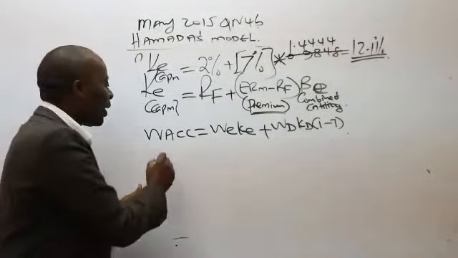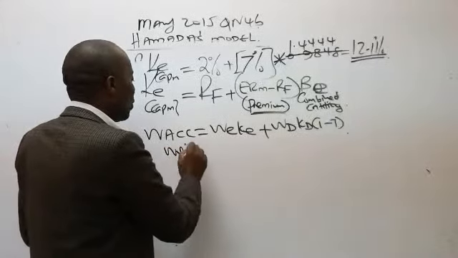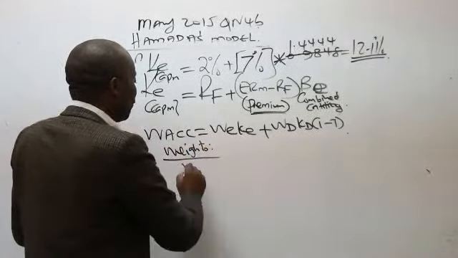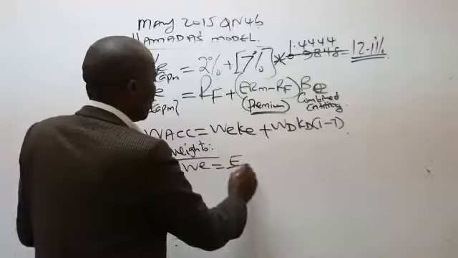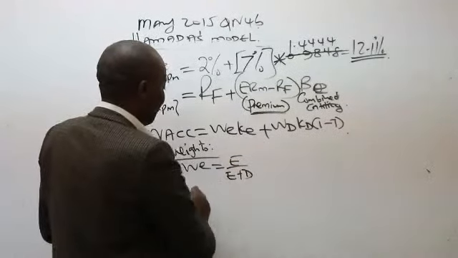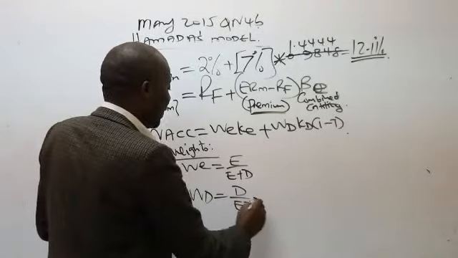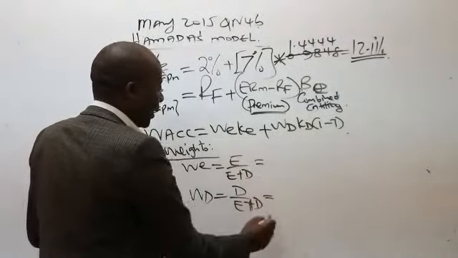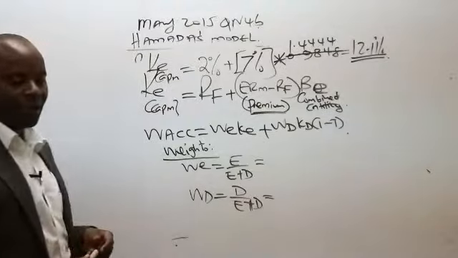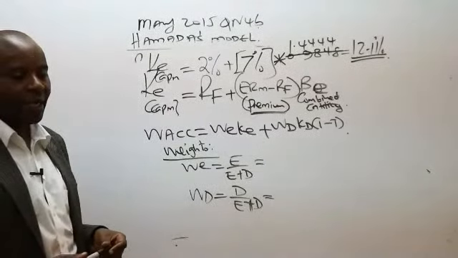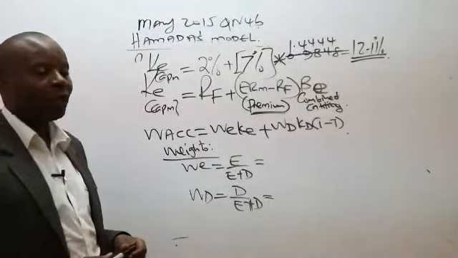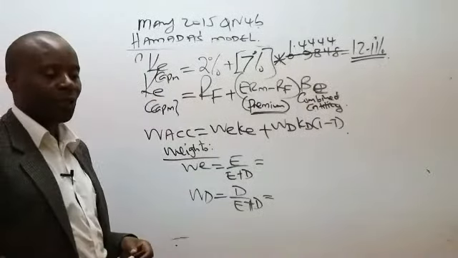The weight of equity will be equity over equity plus debt. Weight of debt will be debt over equity plus debt. Please go ahead and give me those figures. Remember, it is weights of the combined organization.